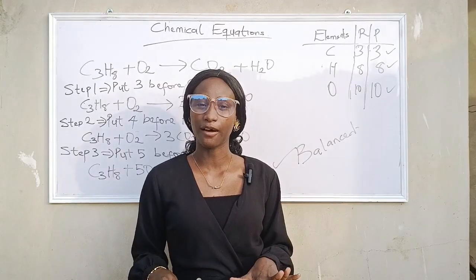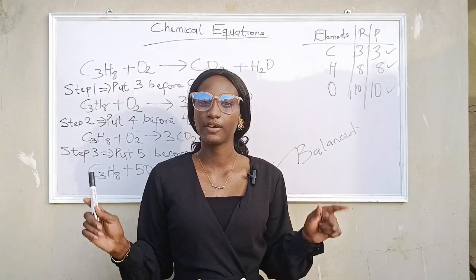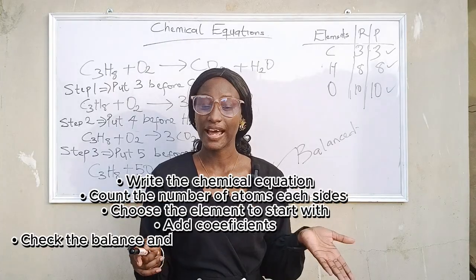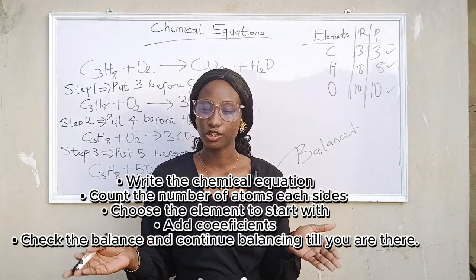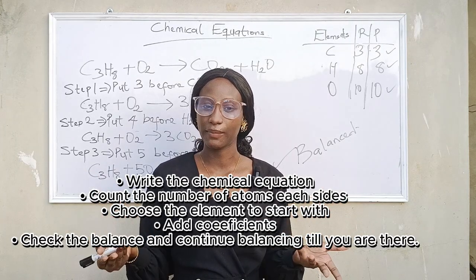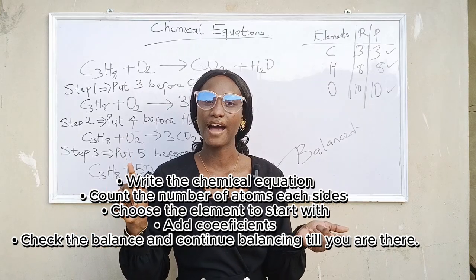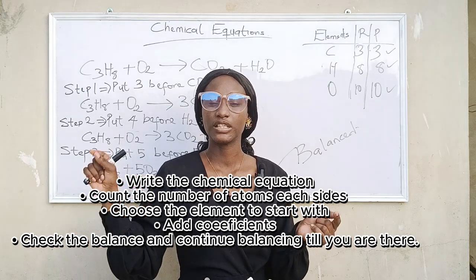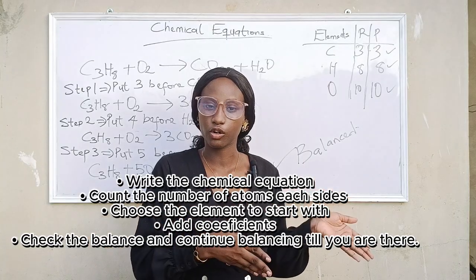As a recap of what we have learned, when you're about to balance a chemical equation, first thing is to know the elements you are working with. Count the atoms of each of the elements at the reactant side and the product side. Look at it. Are they balanced? If they are not balanced, then you have work to do. Remember that you don't change the subscript, but you can change the coefficients.